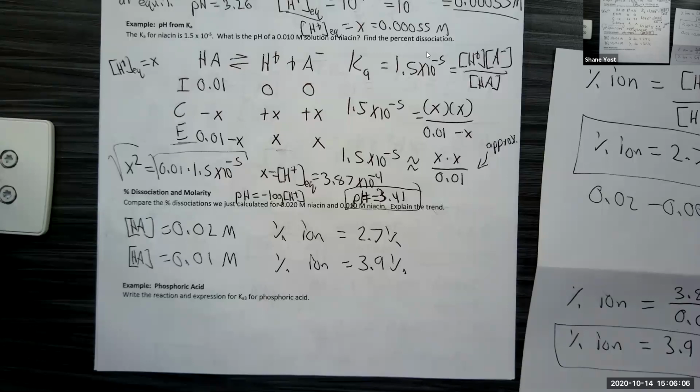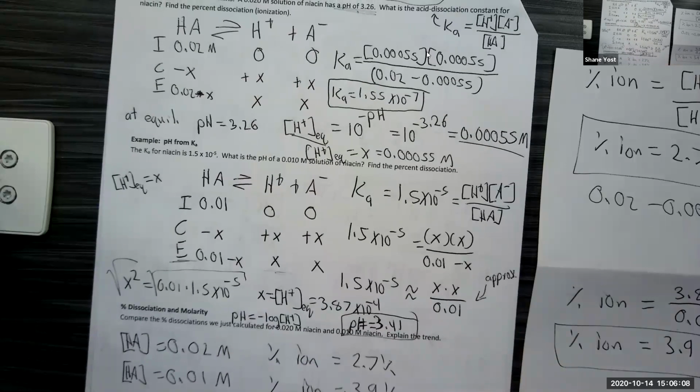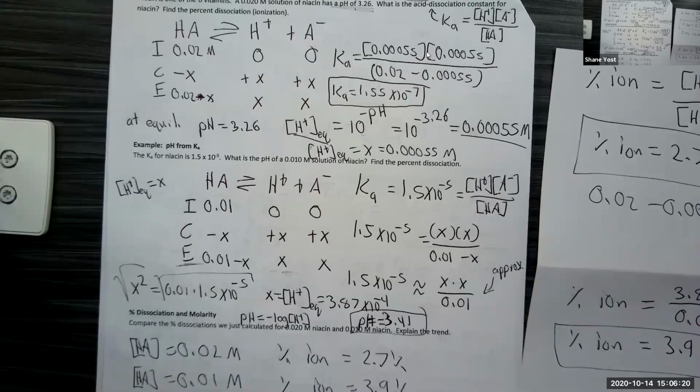So, questions about these examples of calculating pH or Ka for some weak acid, given different information. It's a very common problem, and one we will use quite a bit in this chapter and in chapter 17. So we'll see this again and again.